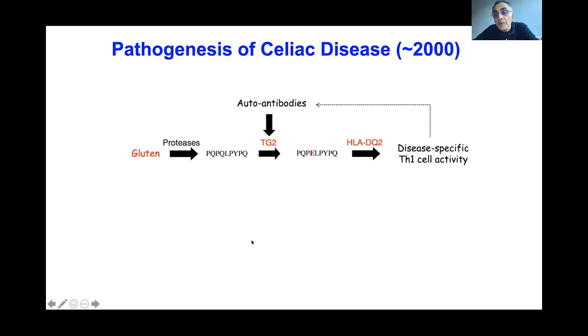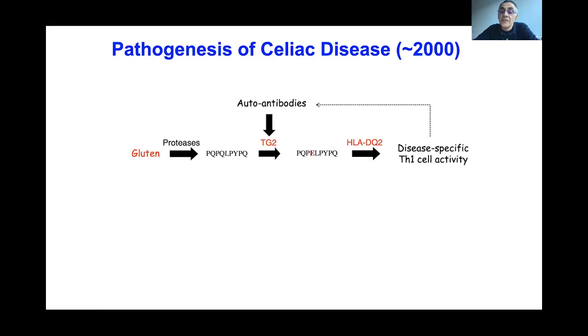And there were a couple of key insights that were starting to emerge around then. The first one being that for gluten to activate T cells, you needed to proteolyze gluten into peptides. And some of these peptides, which were proline and glutamine rich, were good ligands for these disease-specific T cells.